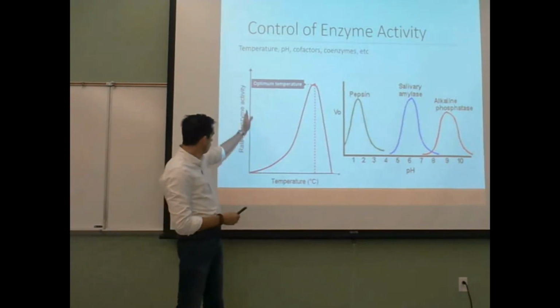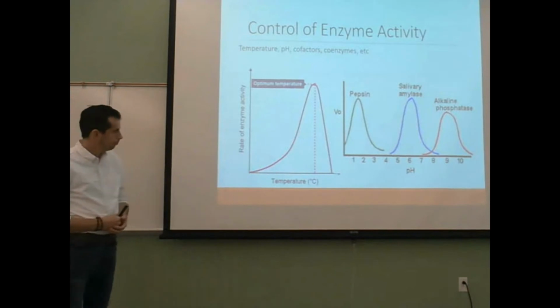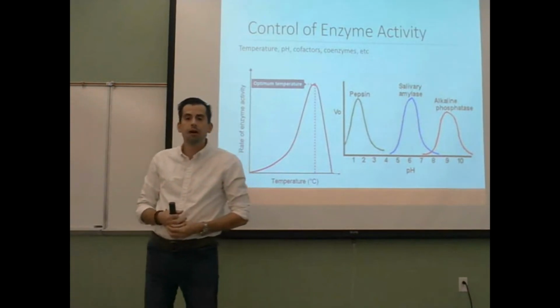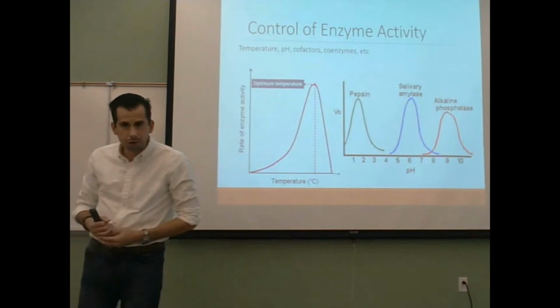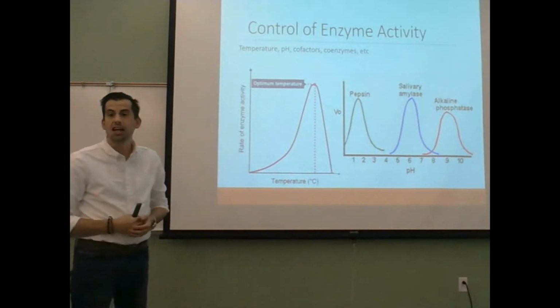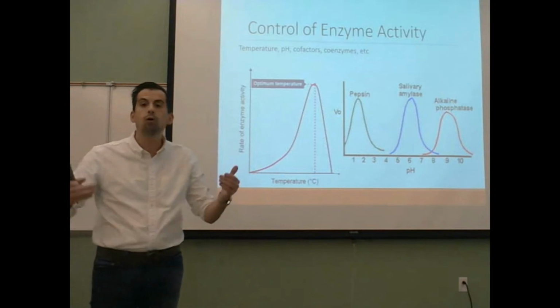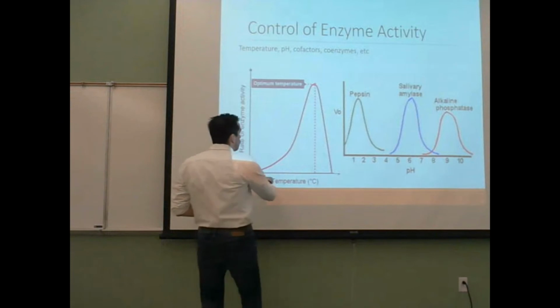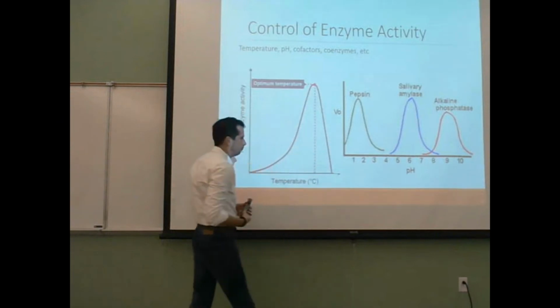Here's temperature versus enzyme activity. What do you suppose is the temperature that most of the enzymes function best in the human body? 98.6, typical normal body temperature. And you see this somewhat of a bell curve.